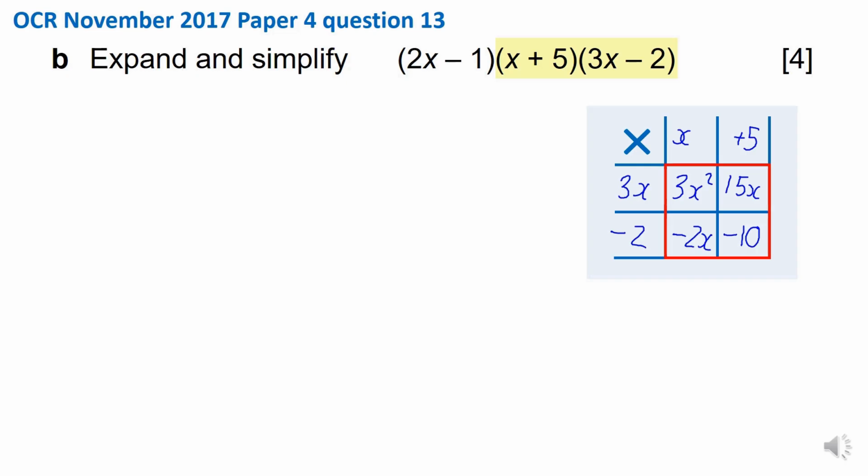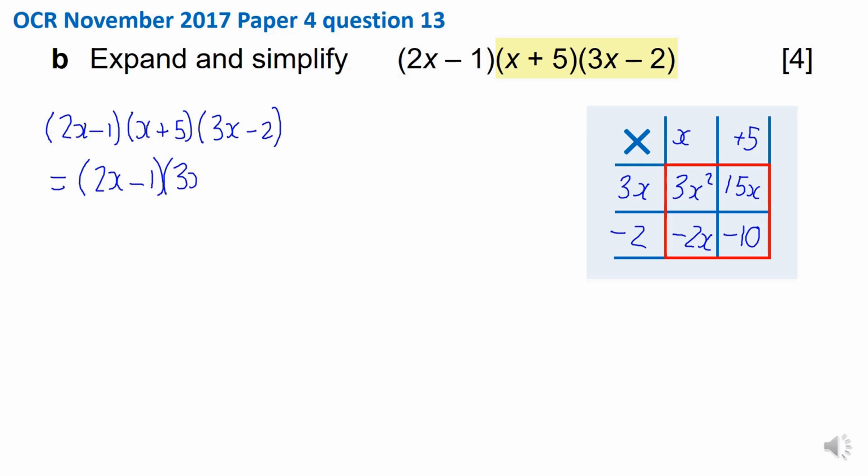So we write 2x minus 1, x plus 5, 3x minus 2 equals 2x minus 1 and then 3x squared plus 15x minus 2x minus 10.